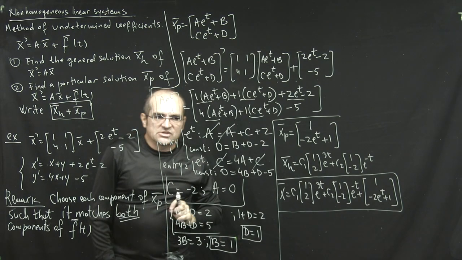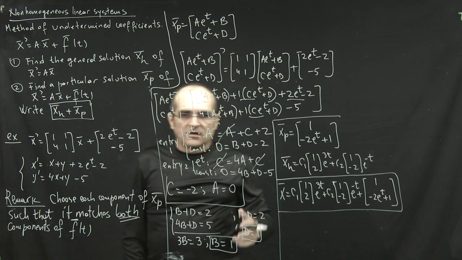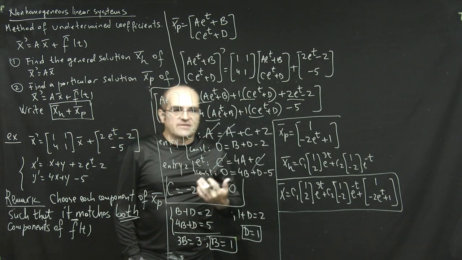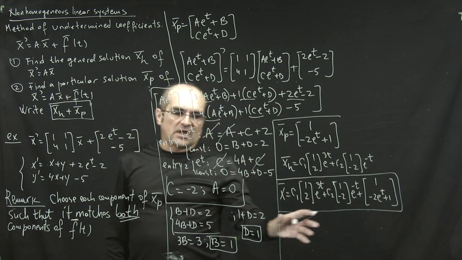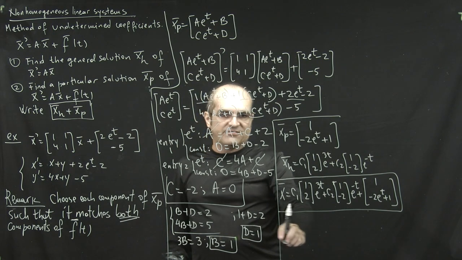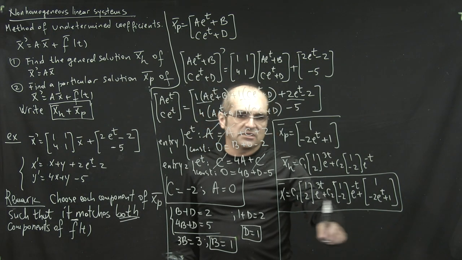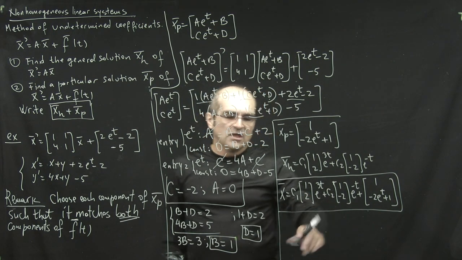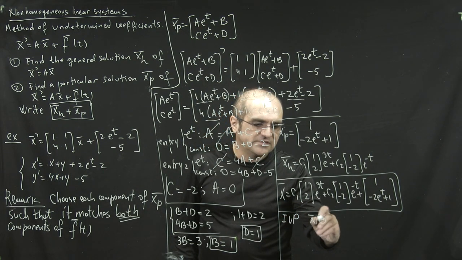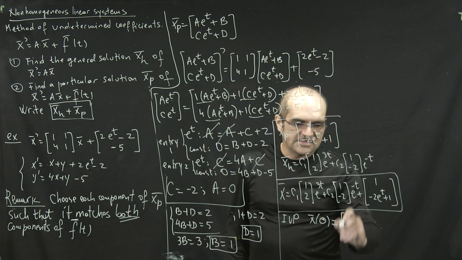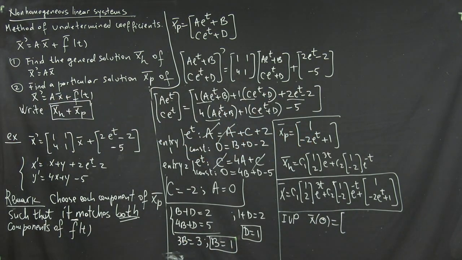One thing I want to mention here and add to this, remember, we always can have initial value problems. Always deal with that at the end. Okay, so the initial value problem, if it's given, refers to the full solution, not just the homogeneous part. So let's say you have an initial value problem with x of 0 equals, let's see, have the example here with nice numbers.